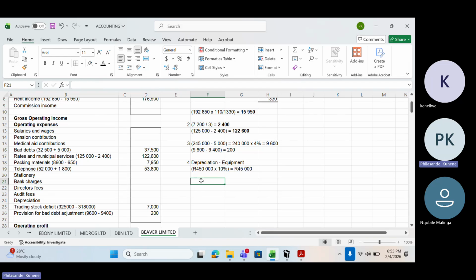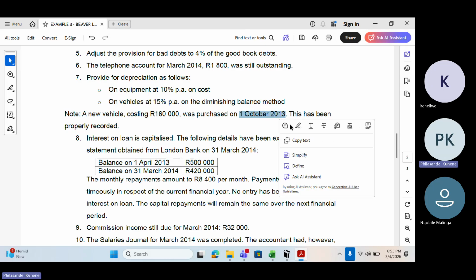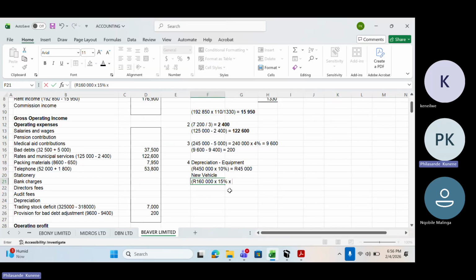So I'll say here, new vehicle, and then 160,000 times 15%, times 6/12. Multiplied by 6/12 because we're starting to count from 1 October 2013. So it's going to be October, November, December, January, February, March. That is 6/12.